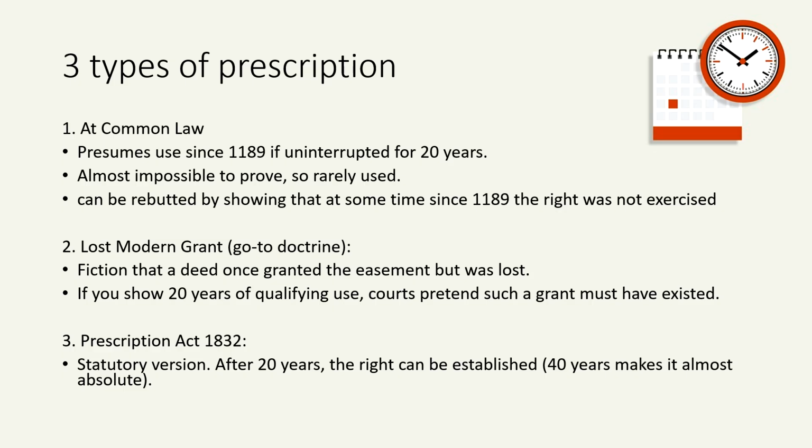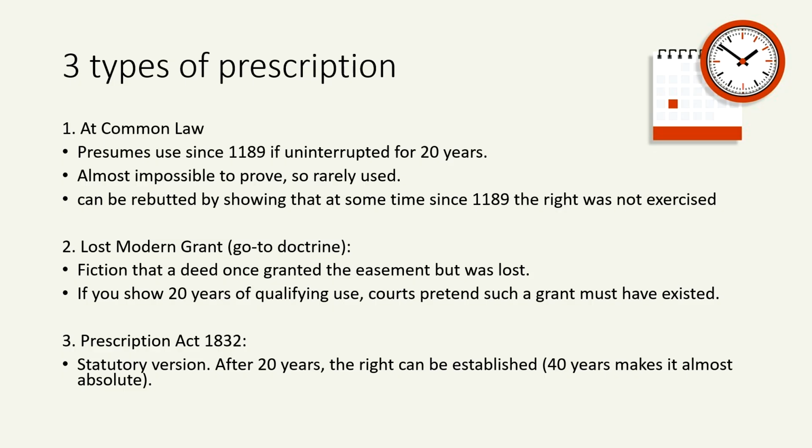Even if you can't show this express grant, or it might never have existed, that's just a bit of a weird fiction that courts imply to make things a bit easier for tenants and so on who are using a certain right of land for those 20 years.